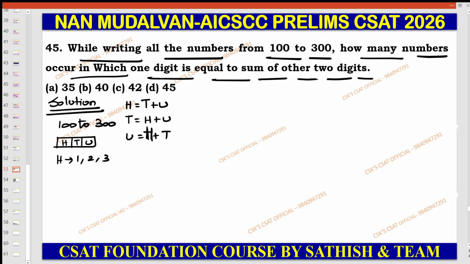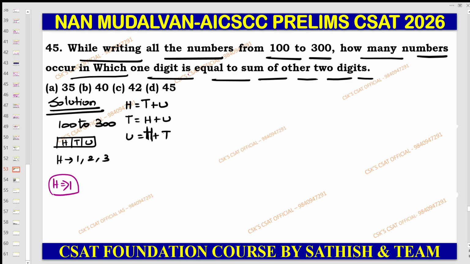Now you can focus. It's a lengthy question. So if you are taking h equal to 1, what is happening in the first case? Here h is equal to 1. In the first case, 1 is equal to the tens place plus the unit place.